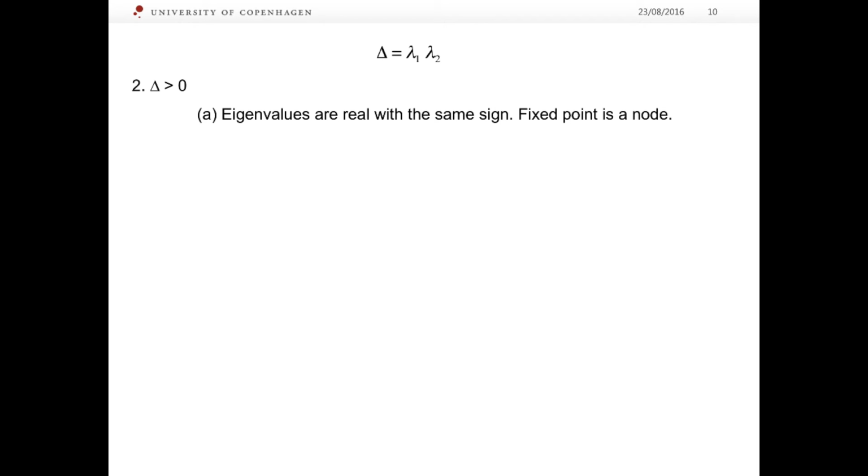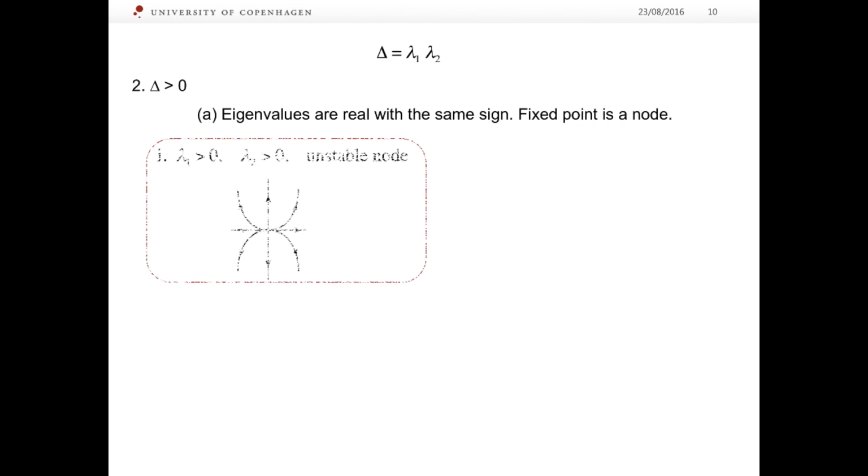In that case, the fixed point is called a node. And here we have two cases. Suppose both eigenvalues are positive. In that case, the small deviations will monotonously increase in time, and they will not fluctuate.